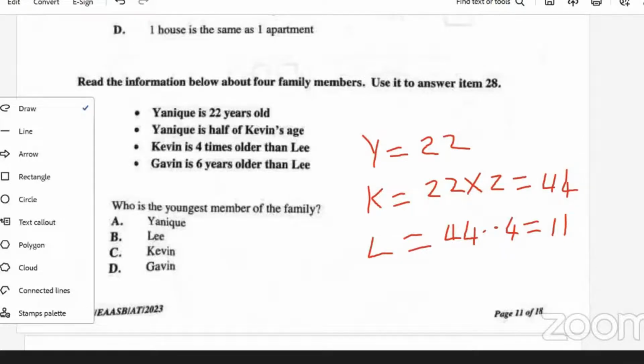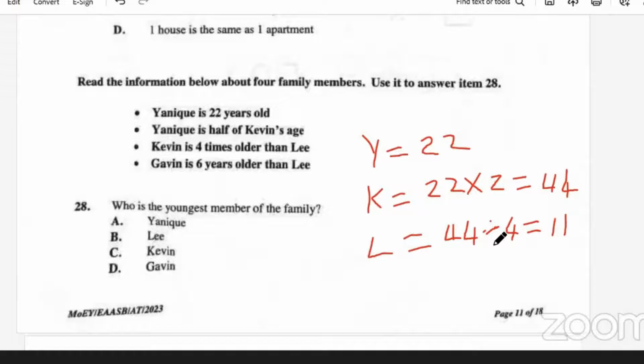And then Gavin, what did they say about Gavin? Gavin is 6 years older than Lee. So Gavin would be 11 plus 6. Gavin is 17. So who is the youngest member? The youngest member of the family is Lee. Lee is 11. So the answer for 28 is B.